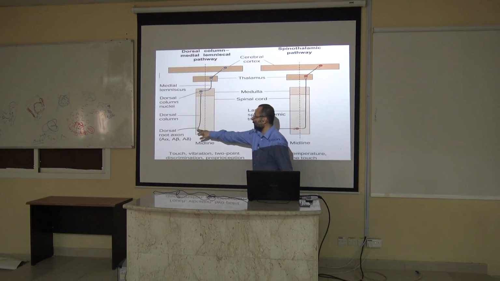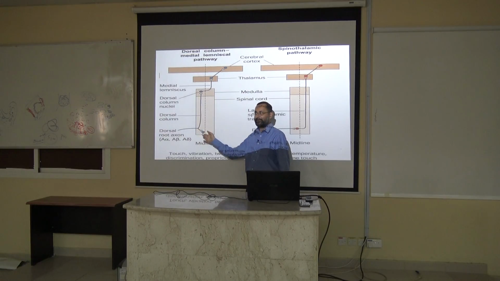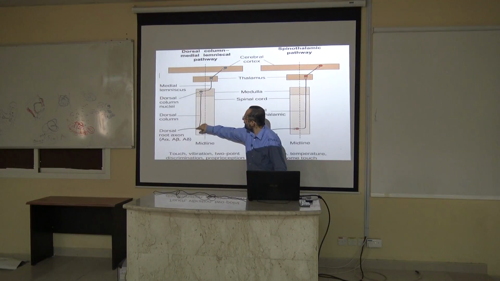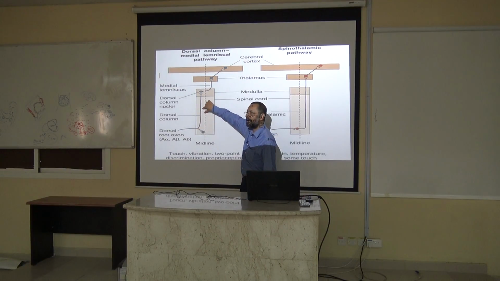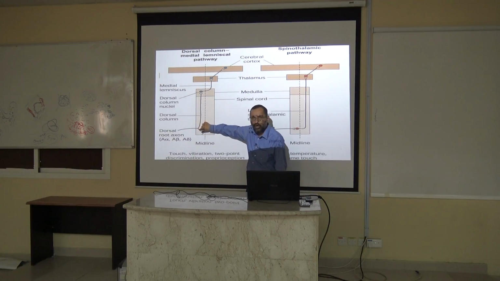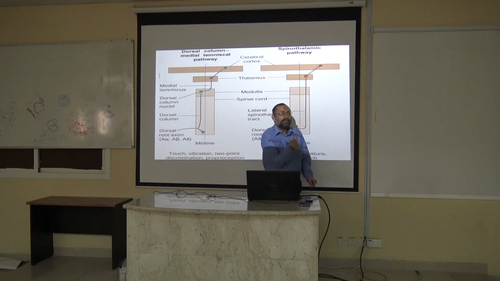Now this central process after coming in, this is something new and confusing. You see, what is this? This process is dividing into two. One branch is a long branch, can you see that? And one is a short branch, a short fiber.